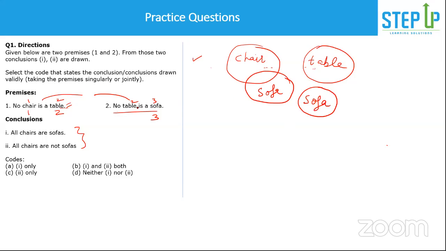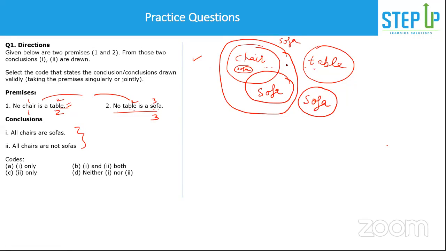All we get from this statement is that table and sofa are disjoint circles, but it doesn't say anything else. If I say no table is a sofa, can I make this big one the sofa? Guys, these are all possibilities. Can I put sofa inside the chair circle? This is also possible. Hope you are understanding what I'm trying to say.